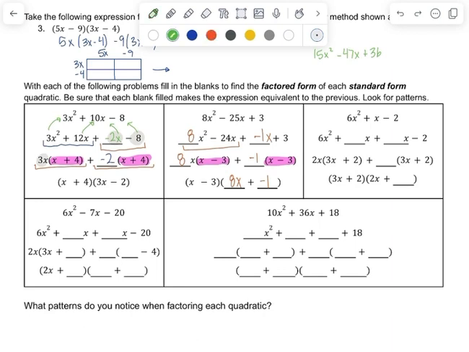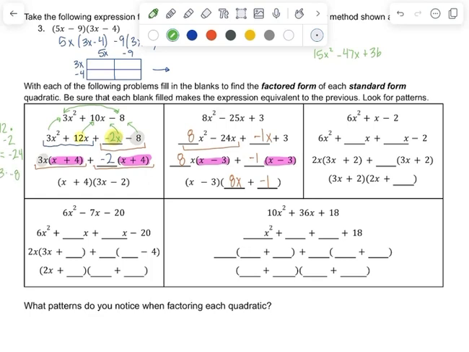So in this first problem, going back to, we'll do yellow, 12x plus a negative 2x, that adds to 10x, but 12 times a negative 2, that equals negative 24. And what else equals negative 24 in this problem is when we multiply 3 times negative 8.